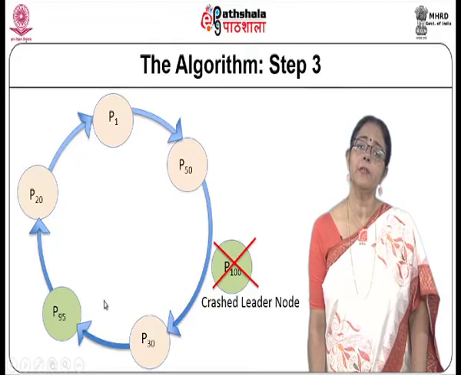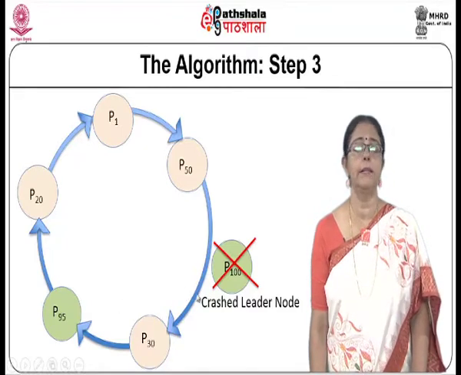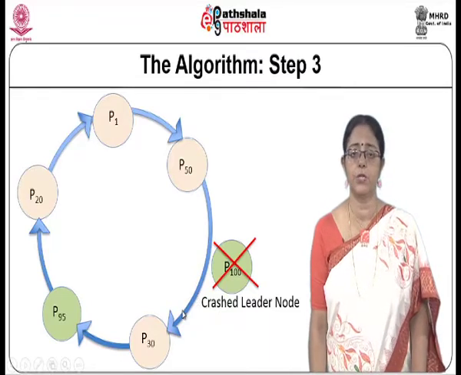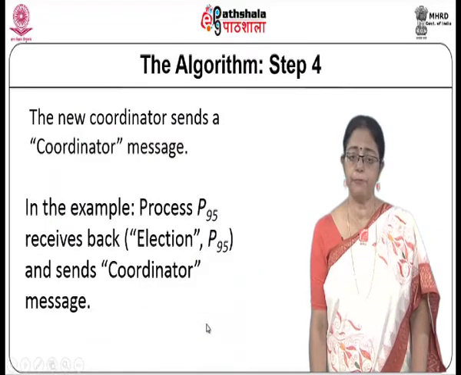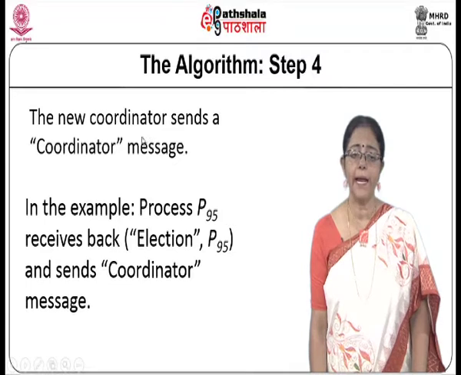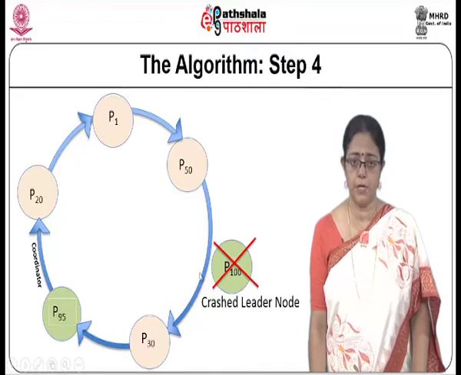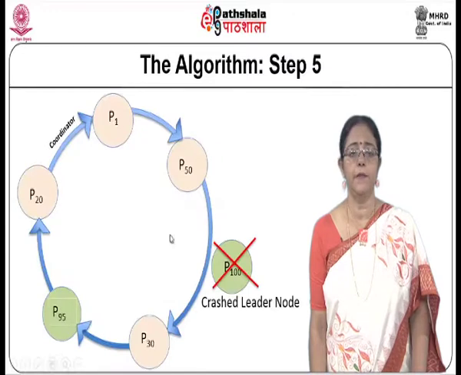After becoming the coordinator, it has to go to phase 2 and inform all the other nodes that it is the coordinator, because the other nodes are not aware of who the coordinator is. So, step 4 has to be executed, where the new coordinator sends the coordinator message. P95 sends a coordinator message to the next node, and step 5 says that this message will be forwarded to all the other nodes.